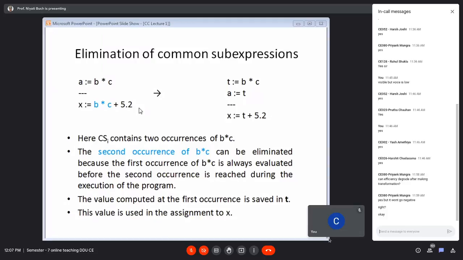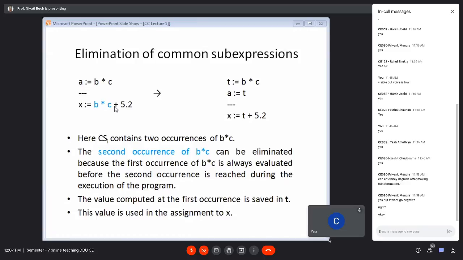So now we see that there are two occurrences of B into C. If we do not make an elimination and keep it as it is at runtime, it will have to compute B into C two times.